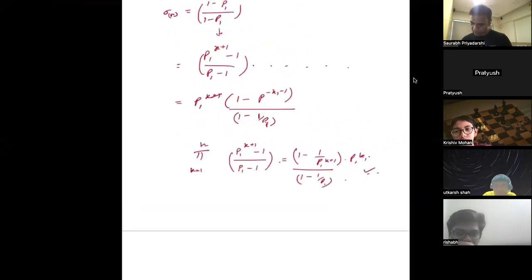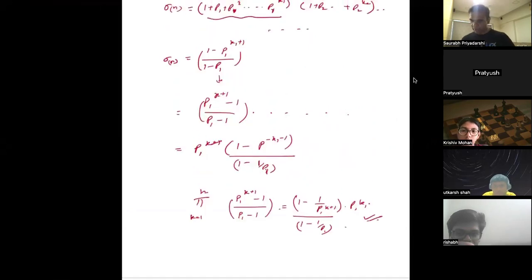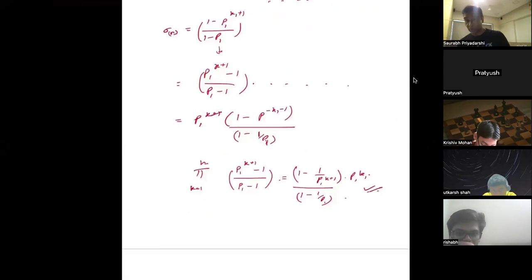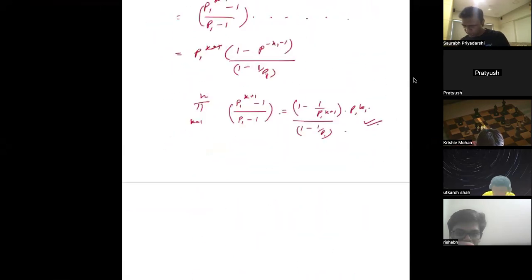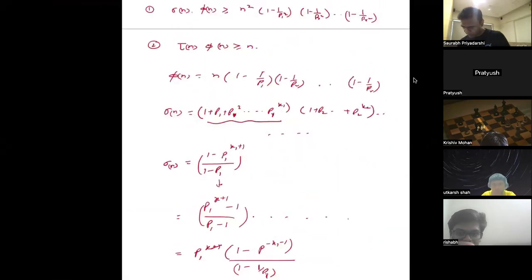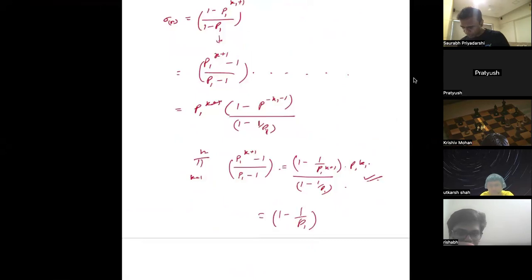right? From this, what we can say, if I take each and every number as p1 square or something, for k greater than 2 or something, then every number is coming as 1 minus 1 by p1 and 1 plus p1, 1 minus 1 plus p2 and so on.